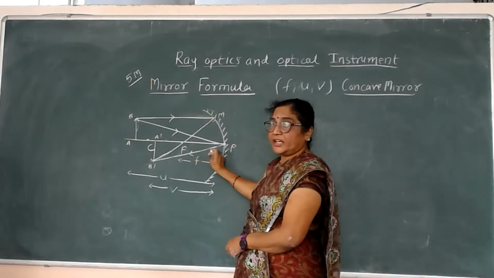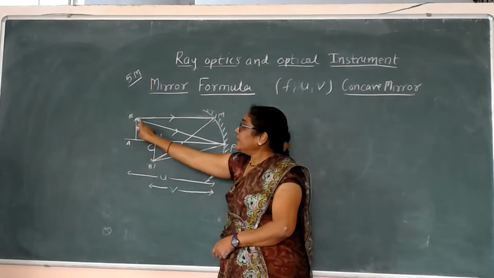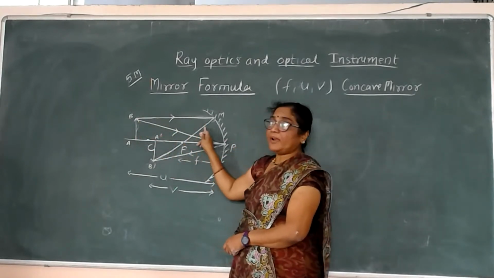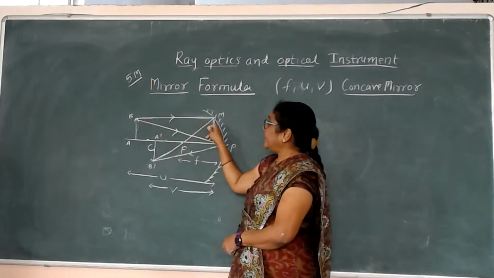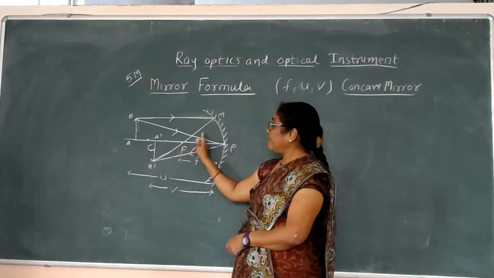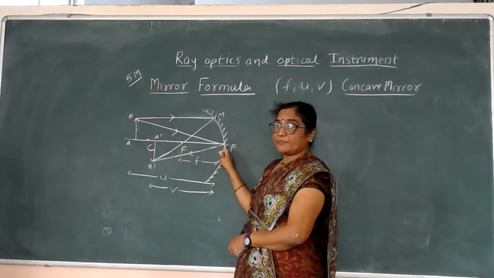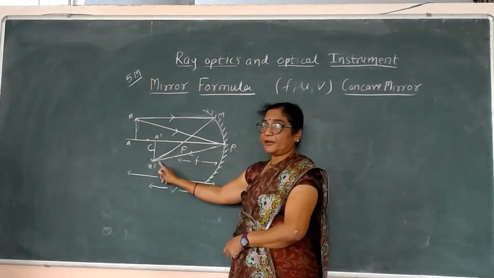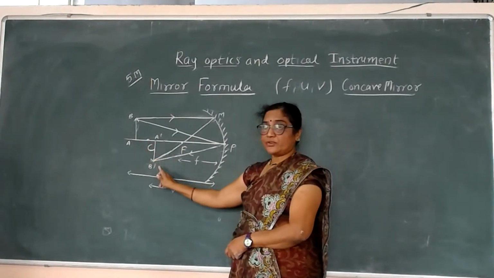Consider an object AB, which is situated beyond C. Then from the object, a number of light rays are incident on the concave mirror. Suppose the first ray of light is incident on the concave mirror, converges and passes through the principal focus. The second ray of light, which passes through the pole, is reflected back, and when both the reflected rays meet, there is a formation of an image.